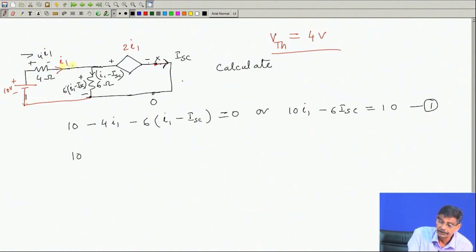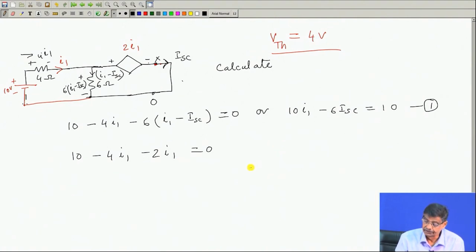This loop I am doing, plus 10 minus 4 I 1, that is this, then from this to this minus 2 I 1, and here 0, nothing, and you have reached this point, and this is equal to 0. So, plus 10 minus 4 I 1 and minus 2 I 1 is equal to 0.